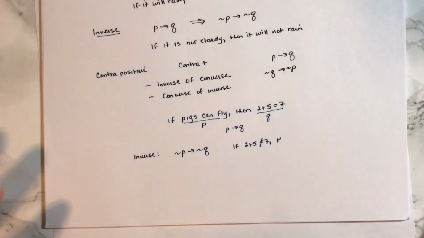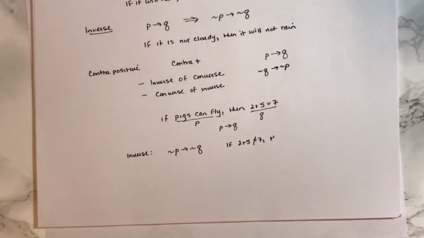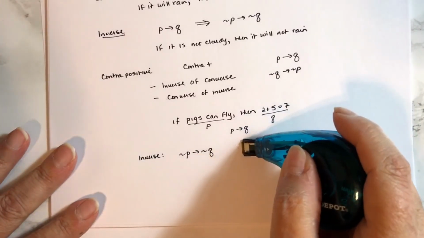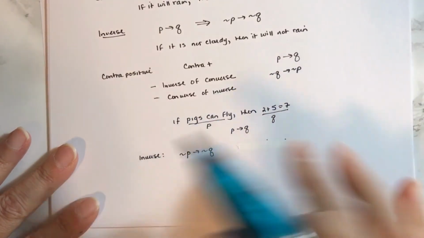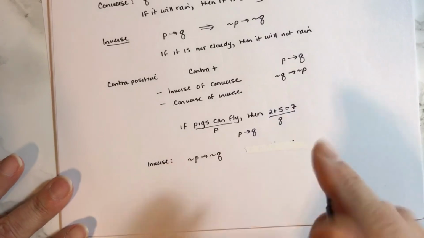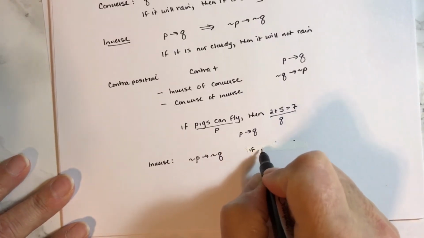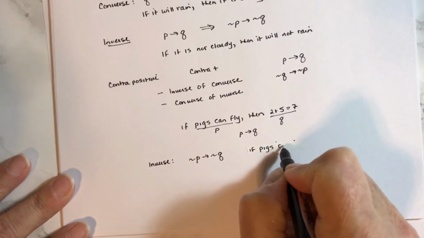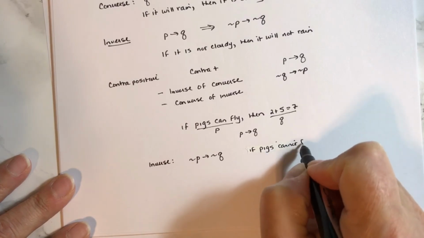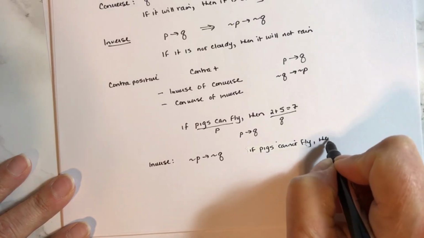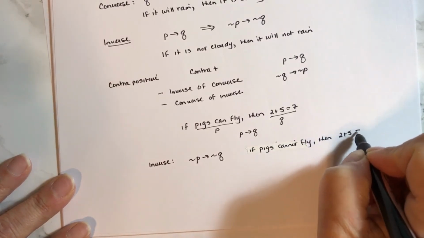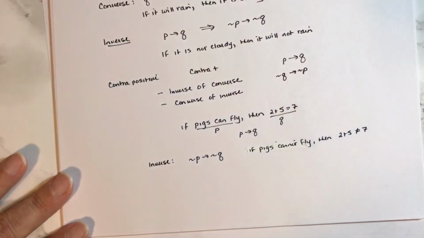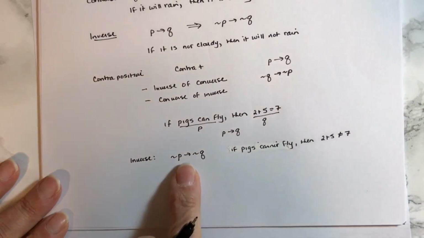Oh goodness. Yikes. Okay. My bad. All right. If pigs cannot fly, then 2 plus 5 does not equal 7, right? That's the inverse. That's in words and symbolically.